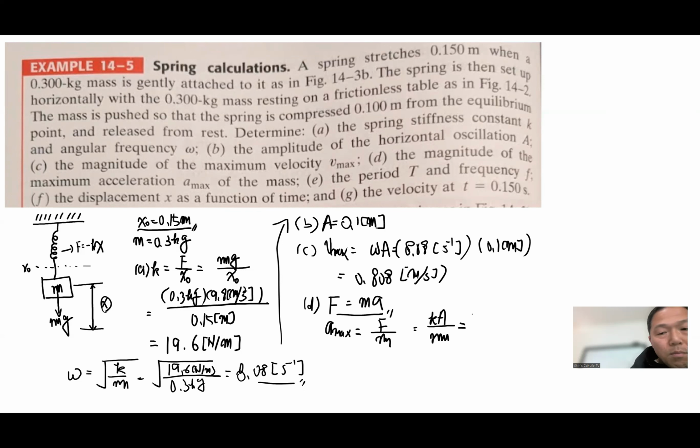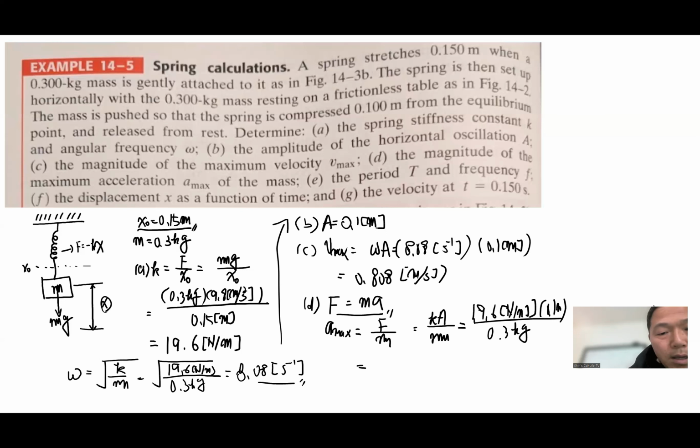So k is 19.6 Newton per meter, and A is 0.1 meter, divided by 0.3 kilogram.